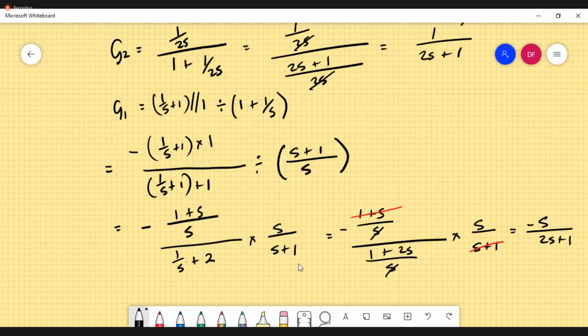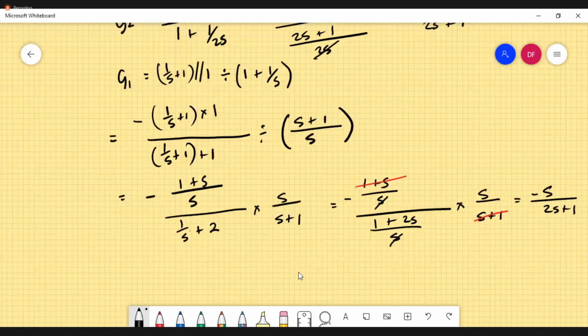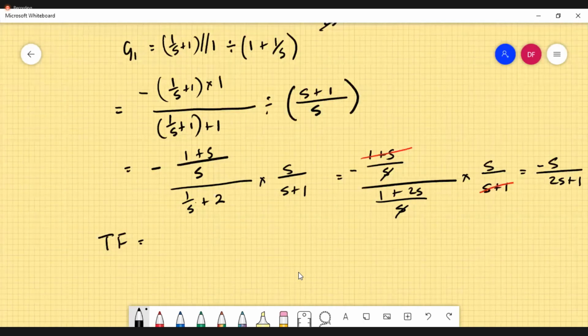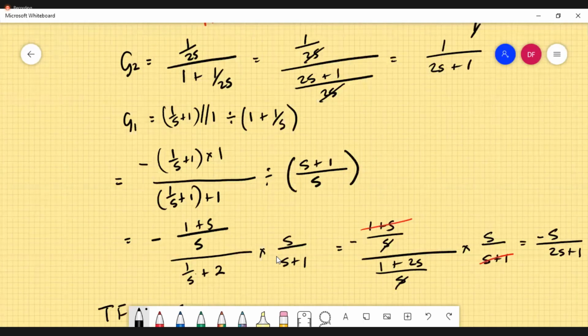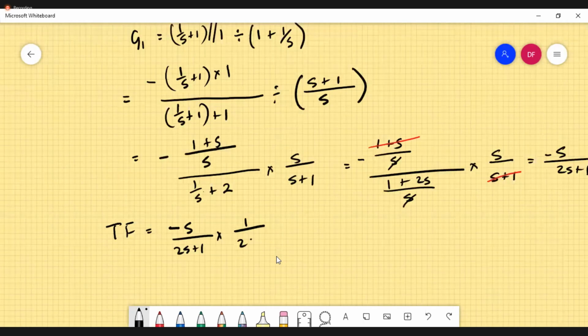So the transfer function is equal to g1, which is minus s over 2s plus 1, times g2, 1 over 2s plus 1. So that equals minus s over (2s plus 1) squared. That's the transfer function. Let me multiply it out.